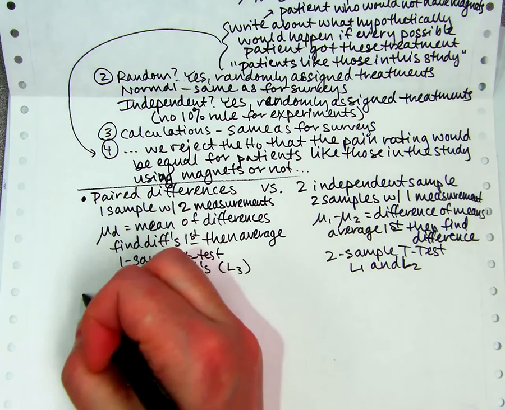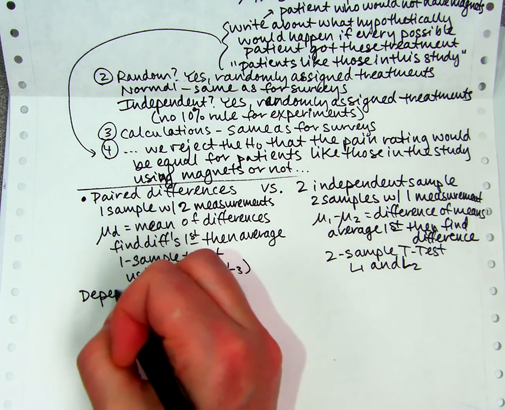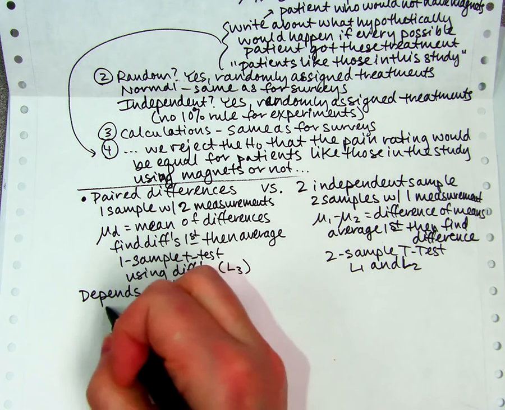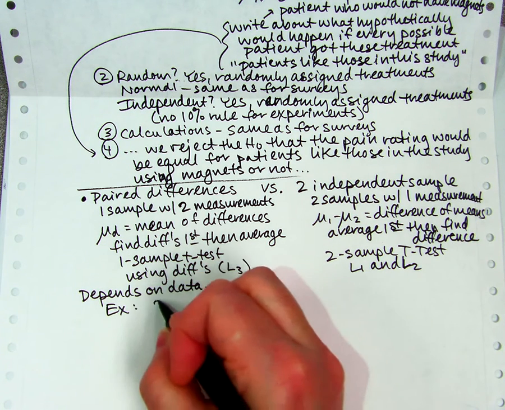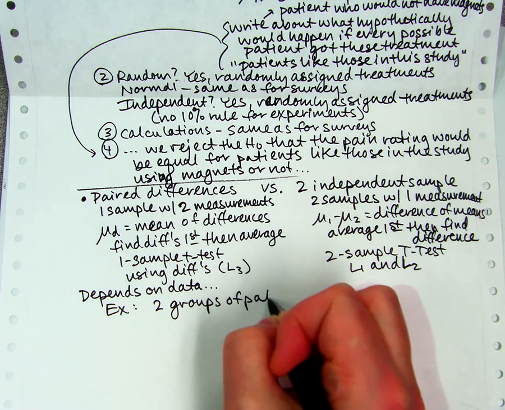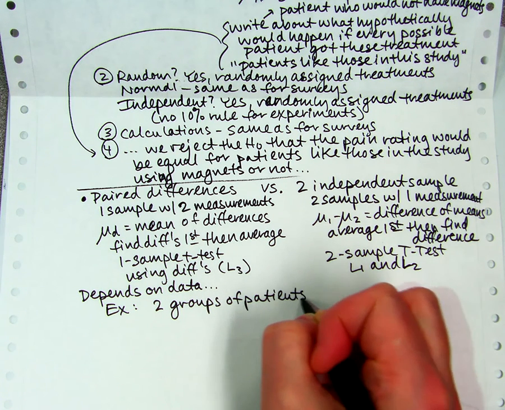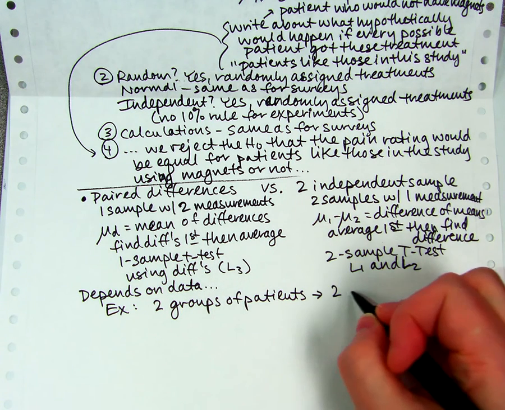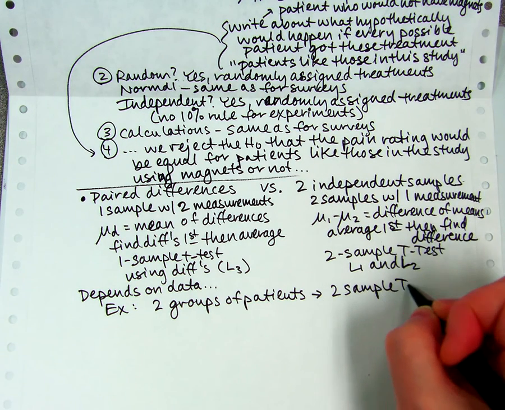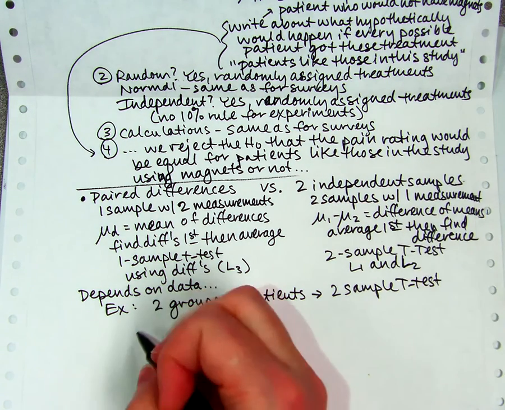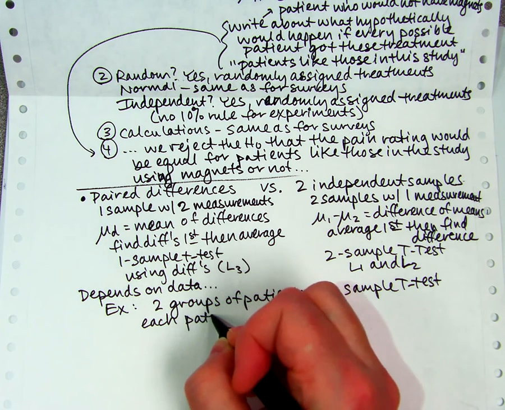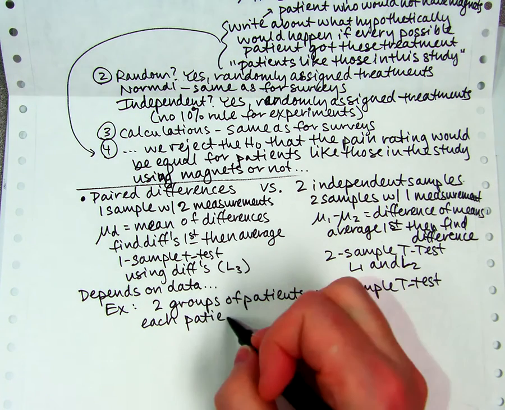So basically choosing which one depends on the data and how it was gathered. For example, if you have two groups of patients that get two separate treatments, that's a two sample t-test. I should have had an S on it. If each patient does both treatments and you subtract them, that's paired.